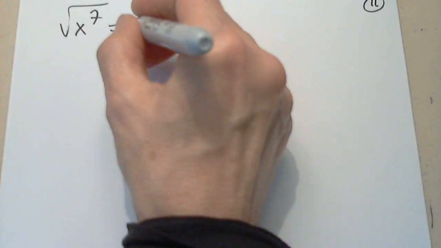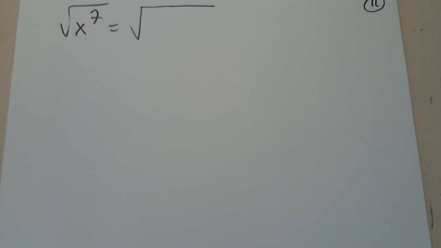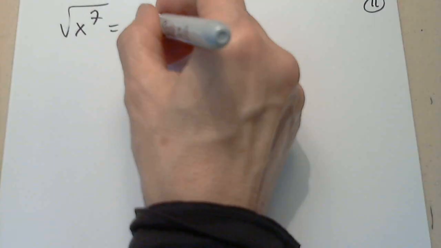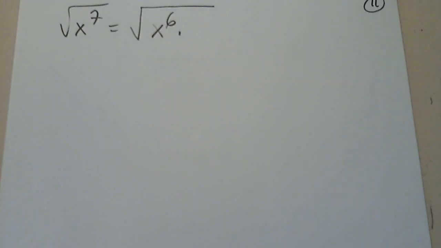I go back 1. Is that going to be okay if I go back 1 from 7? Back 1 means 6. Can I divide 6 by 2? Yes. Good. What is the remainder?